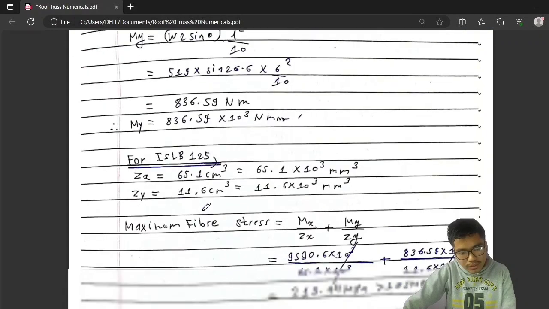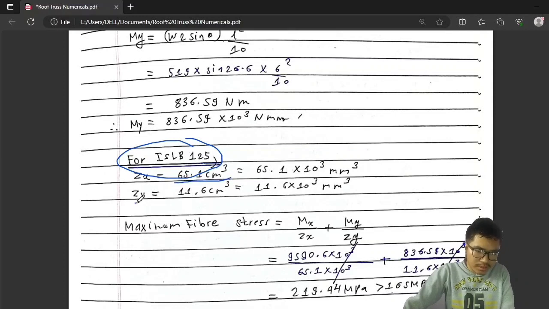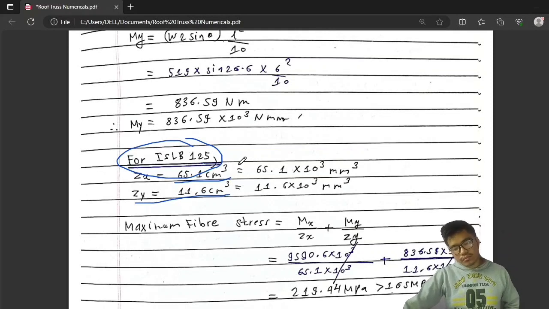For ISLV 125 from the steel table, Zx is 65.1 centimeter cube and Zy is 11.6 centimeter cube. To convert centimeter into meter, we multiply by 10, and since there is cube, so cube.